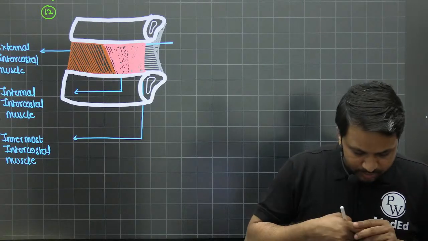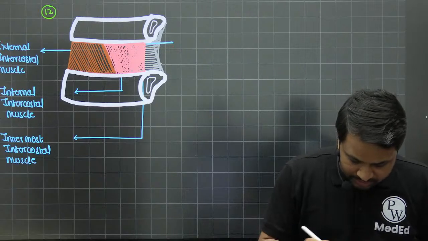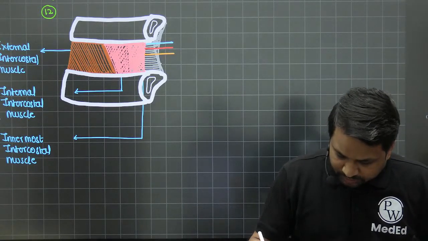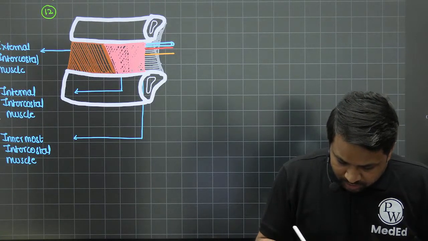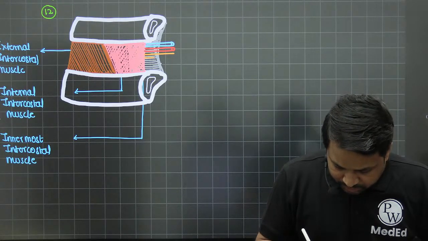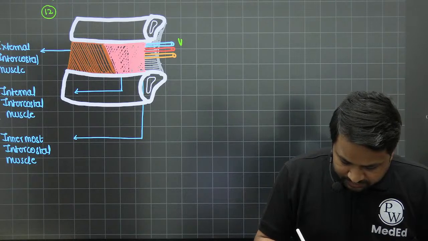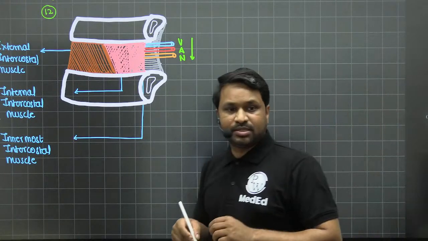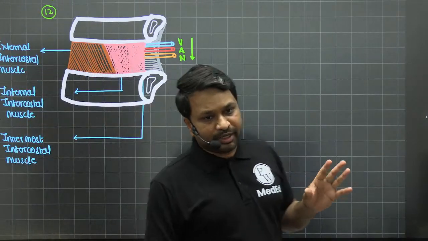The first one is going to be the vein, then you will see there is an artery, and then a nerve. So the most superior aspect is the vein. Below the vein you have the artery, and below the artery you have the nerve, right? This arrangement is very important. It is called the VAN arrangement, that is vein at top, the intercostal vein, then the intercostal artery and the intercostal nerve.